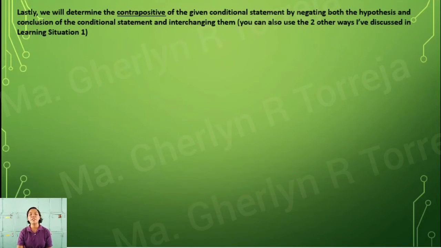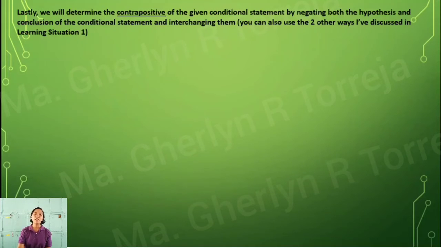Lastly, we will determine the contrapositive of the given conditional statement by negating both the hypothesis and the conclusion of the conditional statement and interchanging them. You can also use the other two ways I've discussed a while ago for the learning situation number 1 as long as meron na tayo ng converse at ng inverse.